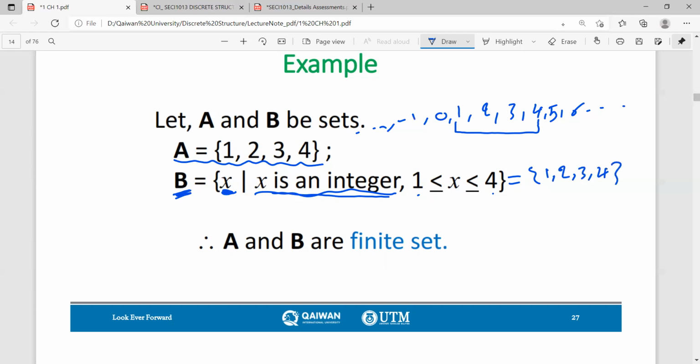If you do not have these equalities, that means it's only 2 and 3. Since we have equality here, 1 is included, and also 4 is included. These two sets, A and B, are both finite sets.